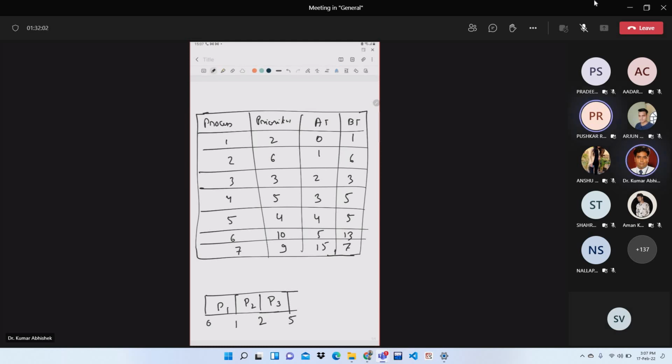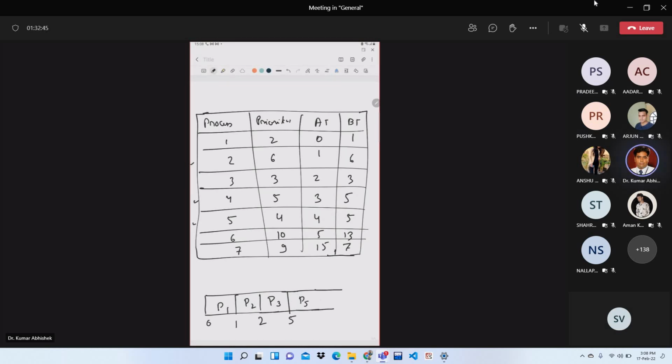P4 and P5, and P2 will also be there. P2's burst time is 6, and only 1 unit was used from 1 to 2, so 5 burst time of P2 remains. We have 5 burst time of P4 and P5. And what is the priority? Which has the highest priority? P5, yes sir.